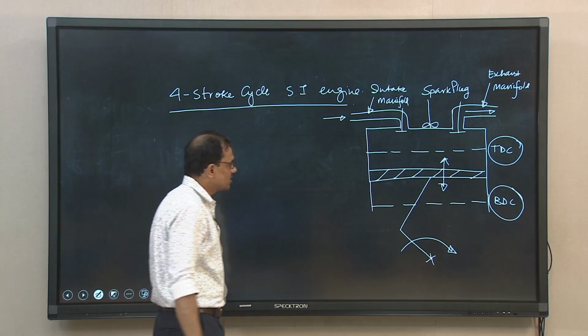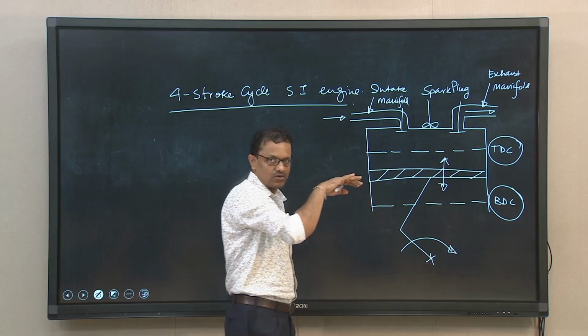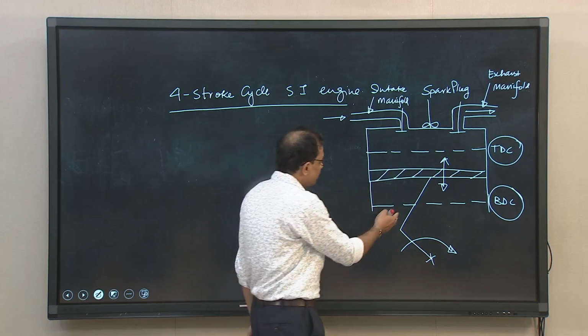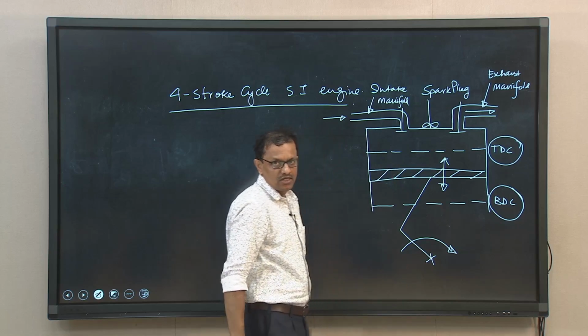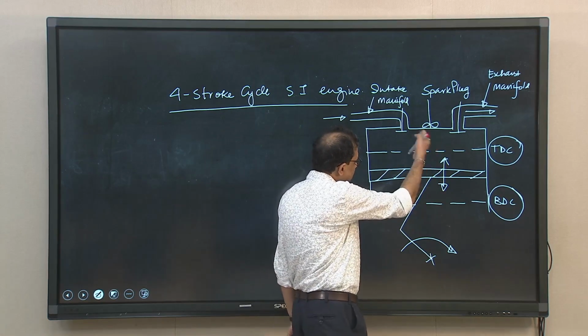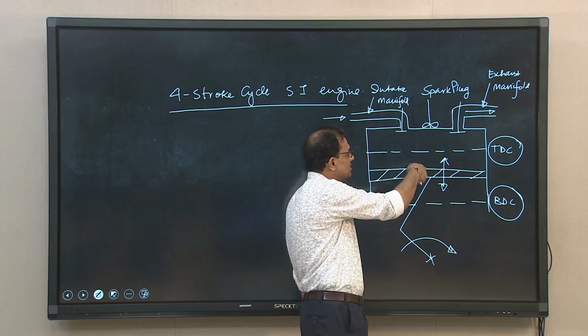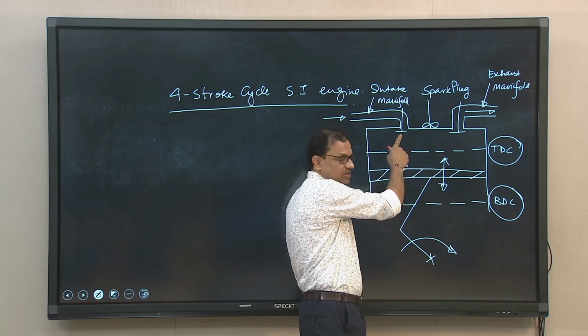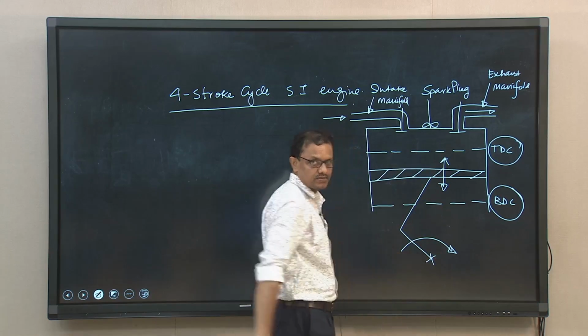The next stroke is the compression stroke. The exhaust valve remains closed. When the piston reaches bottom dead center, the intake valve is closed, and the charge drawn into the cylinder during the intake stroke is now compressed as the piston moves up.